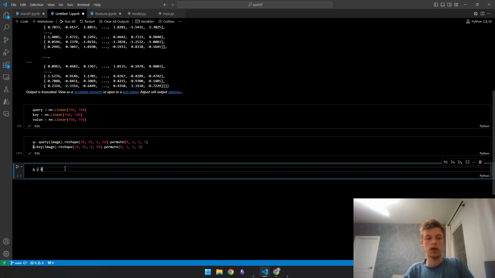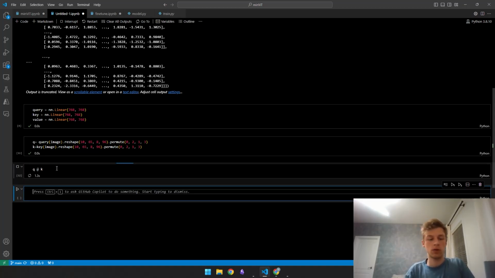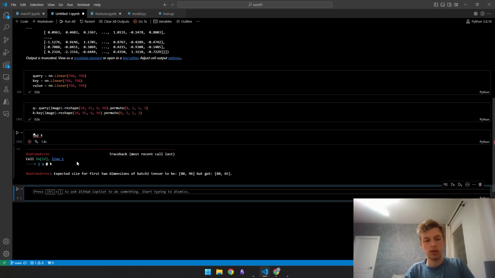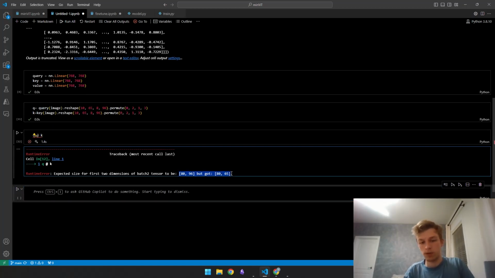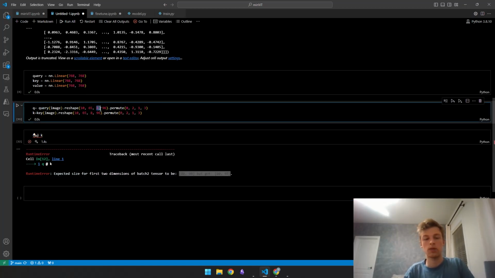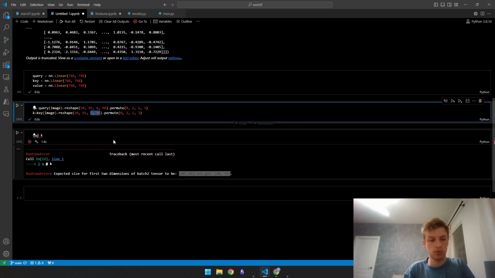If we do K multiplied by Q, or Q multiplied by K, we get an error because the matrix dimensions at the end don't match for matrix multiplication. And actually, if the first matrix is 8 by 96, we want the second one to be 96 by 8, and the way we do that is we transpose.